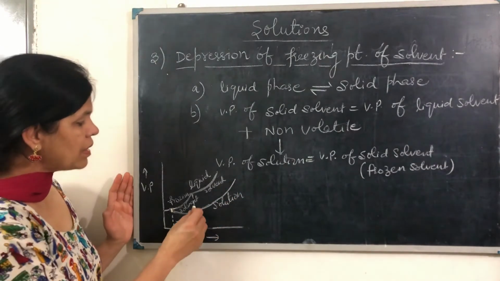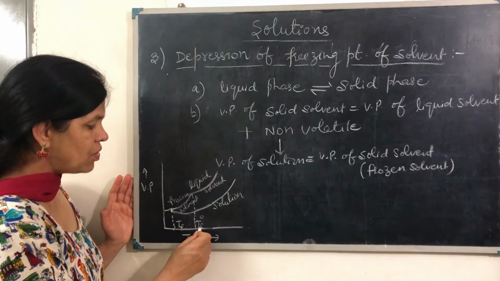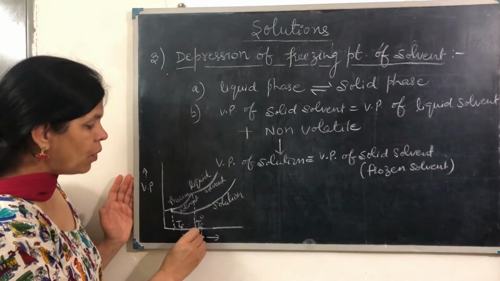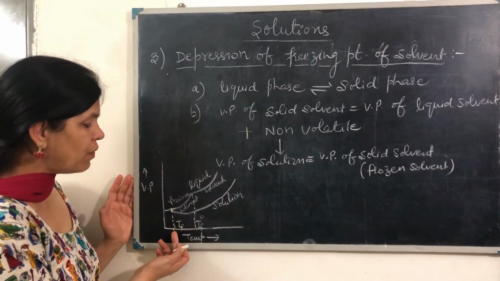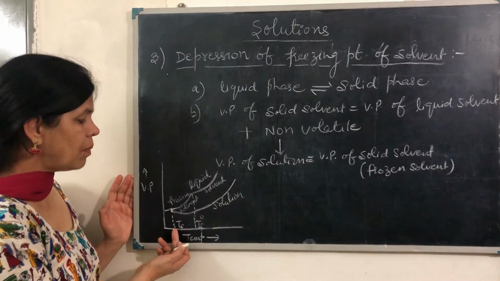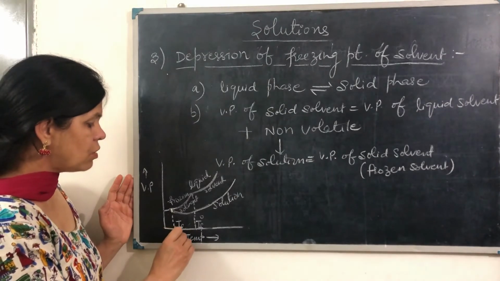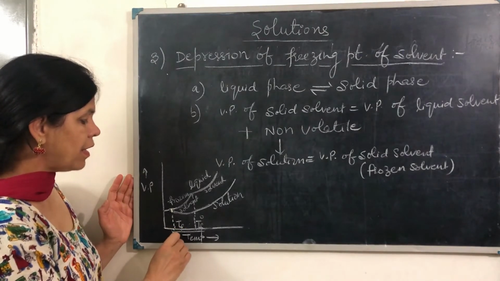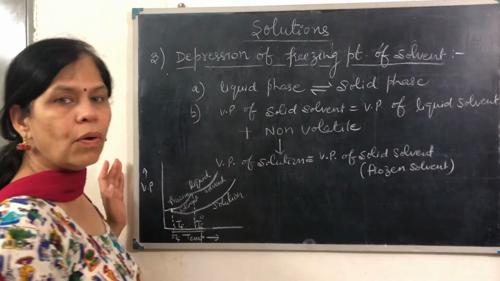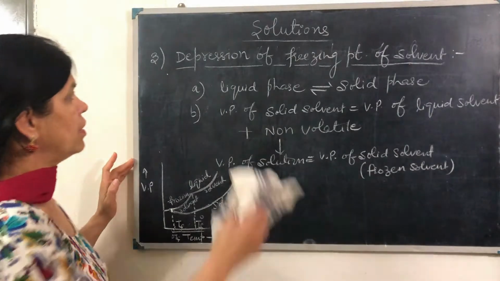So solvent has freezing temperature this much, but when you add non-volatile solute, there is a depression, there is lowering in the freezing temperature, which is written by Tf, and the difference of the two can be written as delta Tf. So let's talk about the mathematical expression.